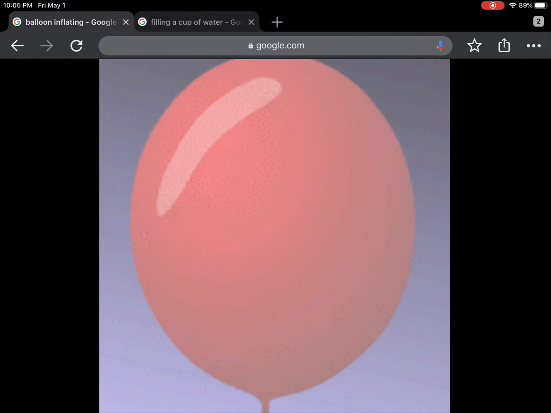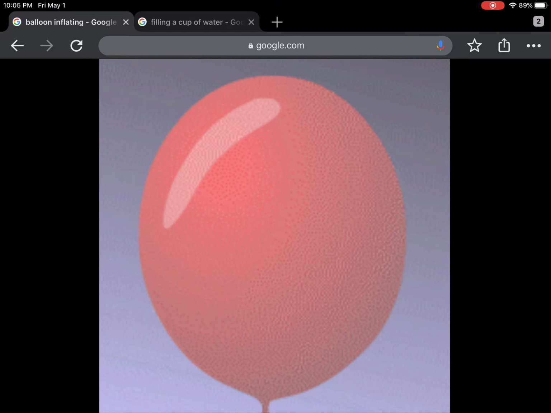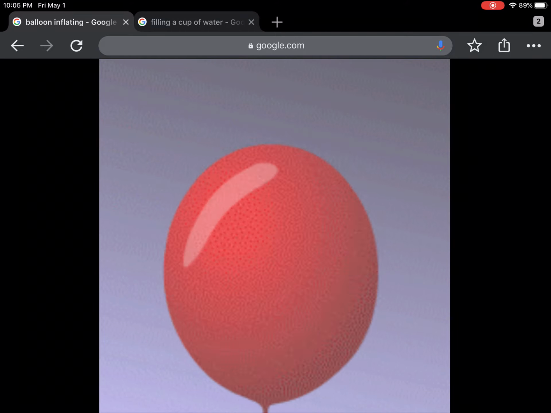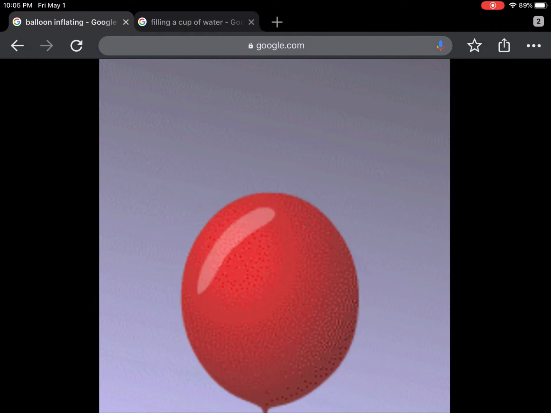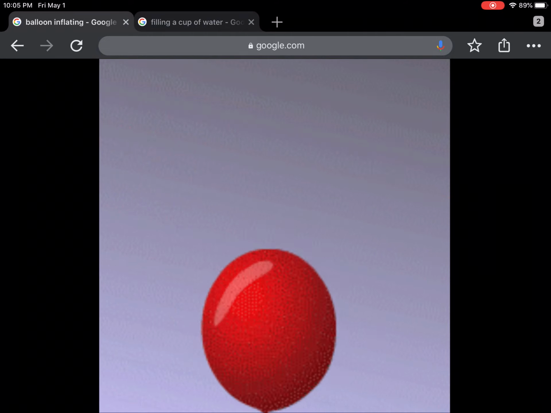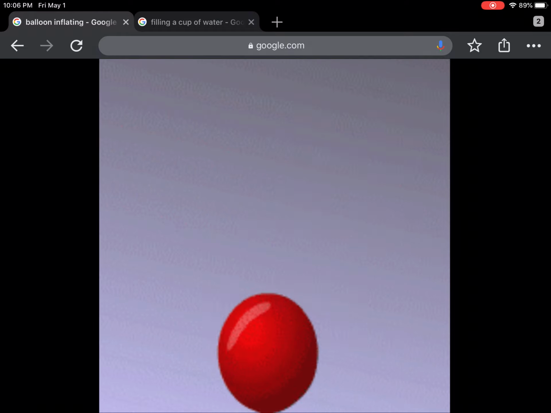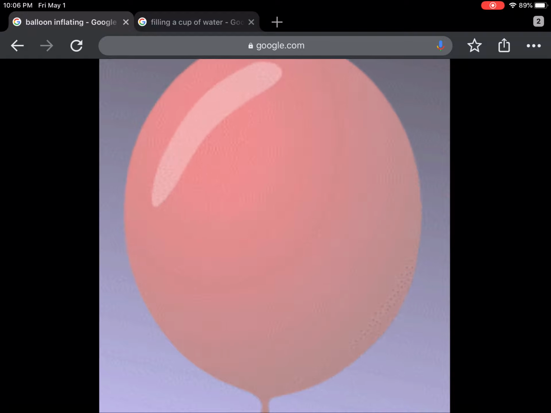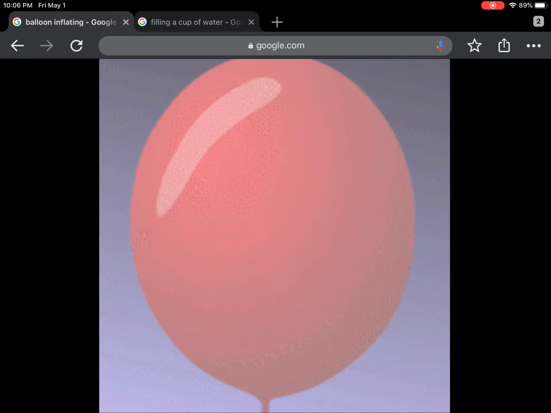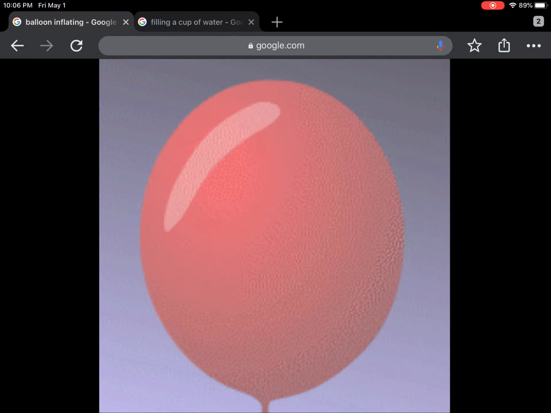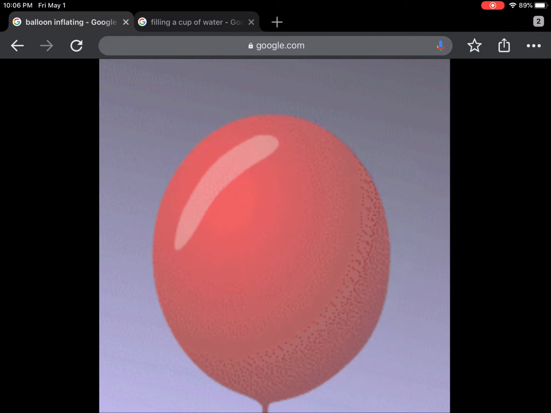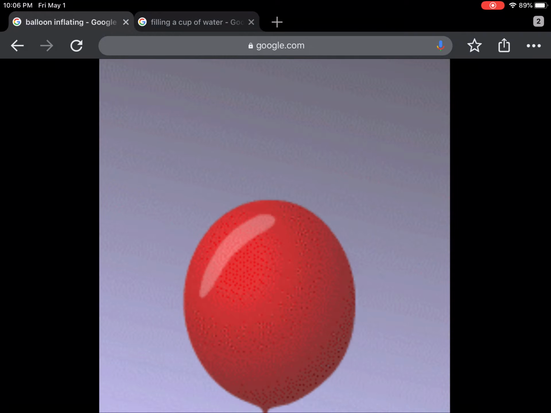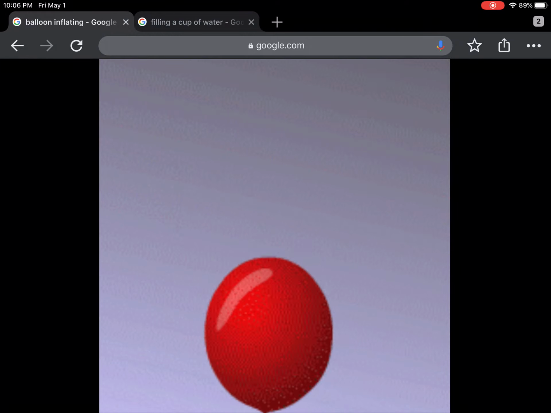What would happen to this balloon if I were able to hit pause at some point while we were inflating it? Think of this like watching a video. If I could hit pause and measure how fast those measurements are changing, how quickly is the radius of the balloon changing? How quickly is the diameter of the balloon changing? Things like that, okay? Those are the rates that we are talking about.